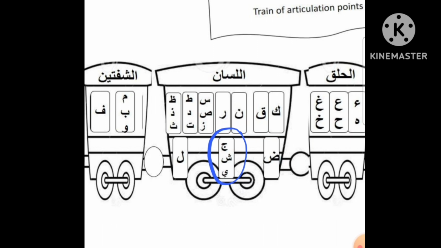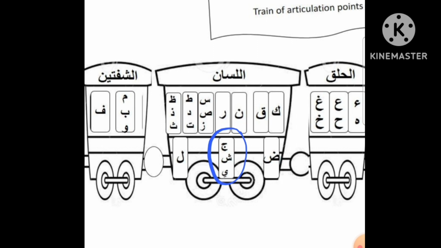Yes, the middle of your tongue rises upwards. So that is the makhraj, the articulation point of these three letters. It means the middle part of your tongue rises towards the roof. That is the makhraj of Jeem, Sheen, Ya.